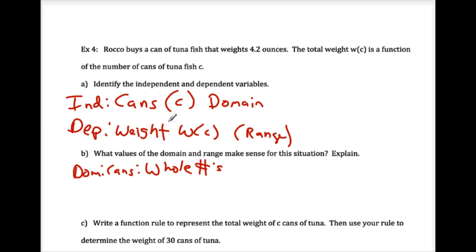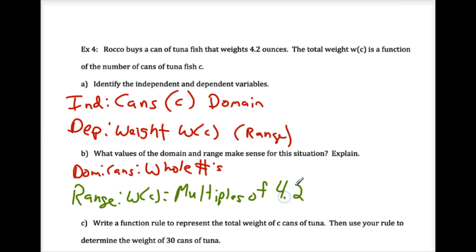Okay, what's the range? What could the numbers be for the weight? Decimals, but more specifically, multiples of 4.2. You guys got it. The weight is always going to be a multiple of 4.2.